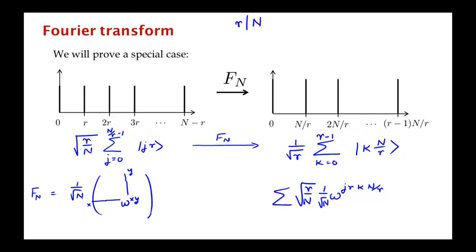And now we must sum this for all j going from 0 to n over R minus 1. So that should be the amplitude of this particular entry.